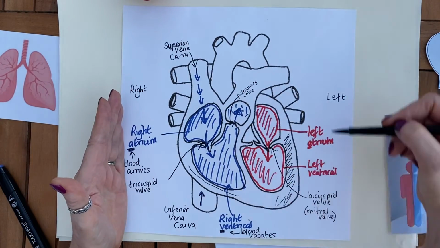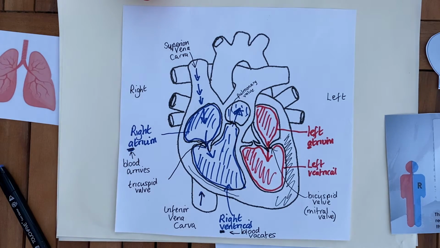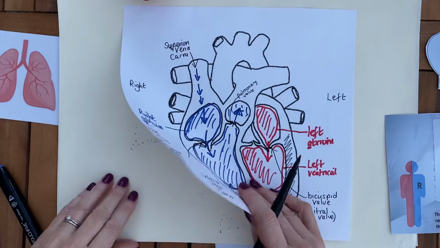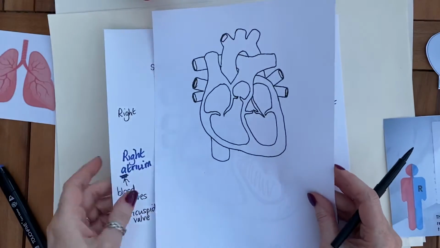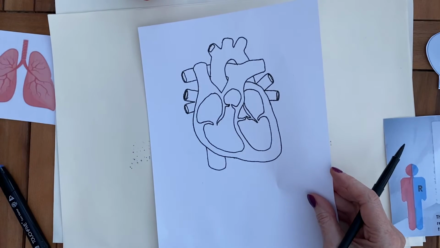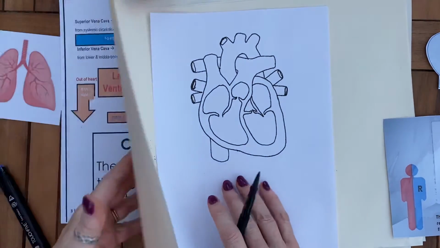So you need to revise all these, and again you can do that in different ways. You may want to draw yourself. I've got one here. You may want to draw the blood flowing through the heart. You may want to do a flow chart. This is what I've done here.